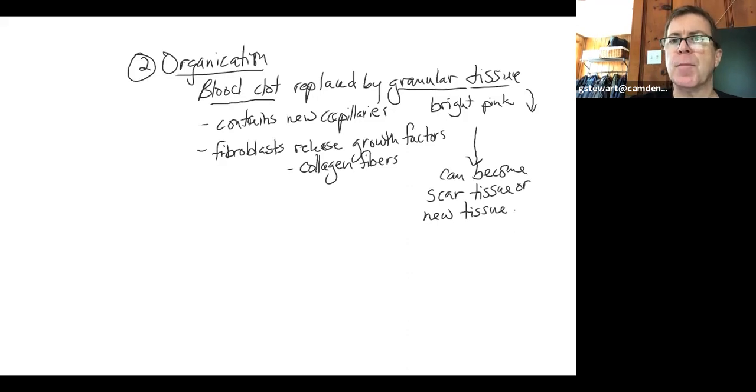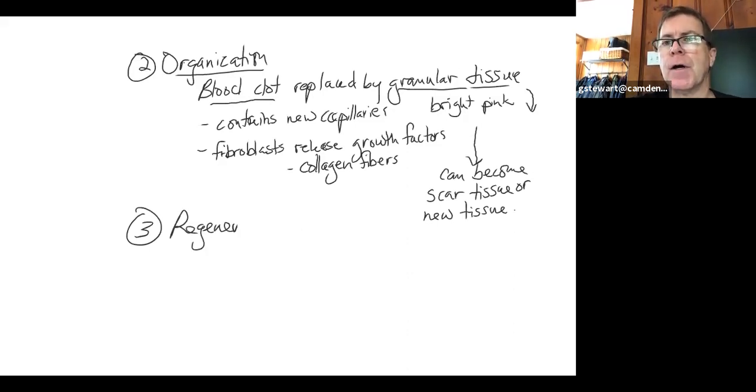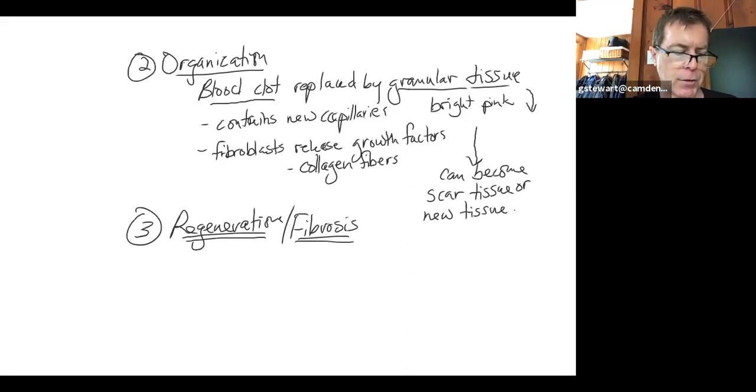Step number 3 is delineating how much regeneration and how much fibrosis occurs. Remember, this is the replacement of original tissue. This is the forming of scar tissue.